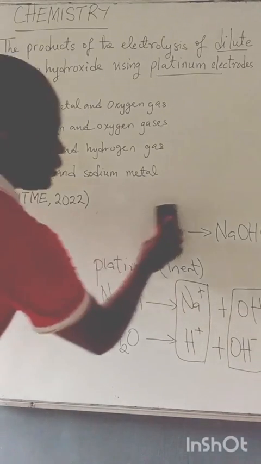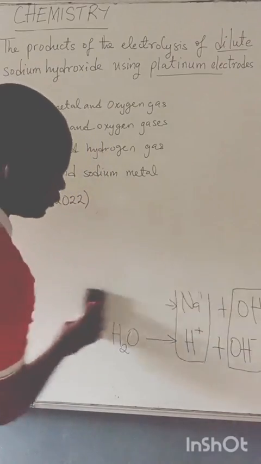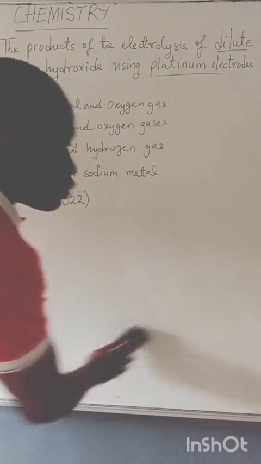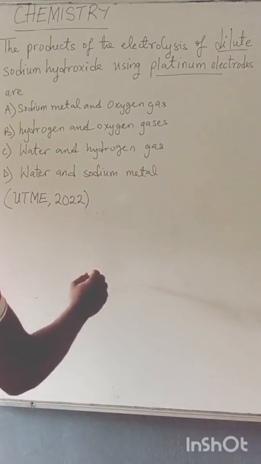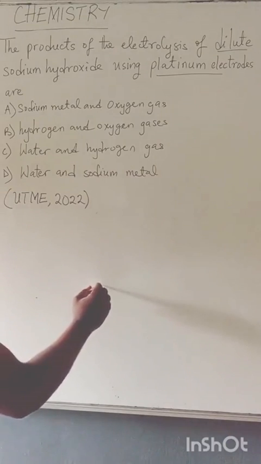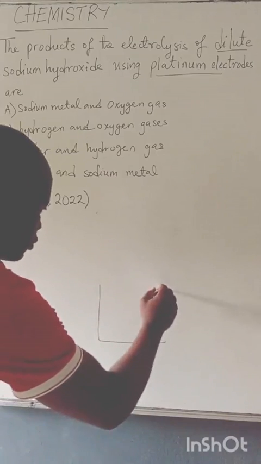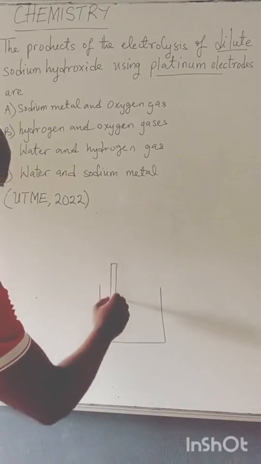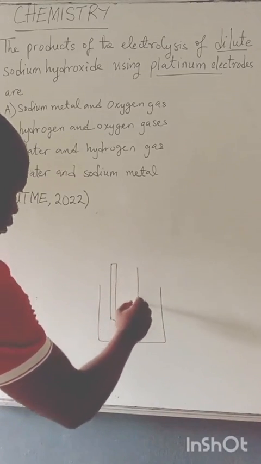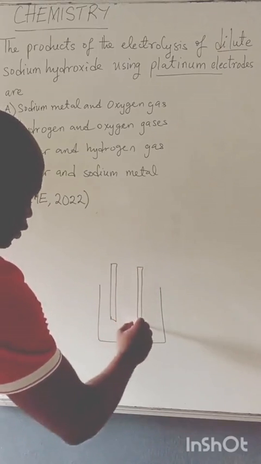I'm going to wipe off these ones here so that I can sketch a diagram of electrolytic cell. Electrolytic cell is an arrangement of two electrodes in an electrolyte, and it can be used to bring about a chemical change.